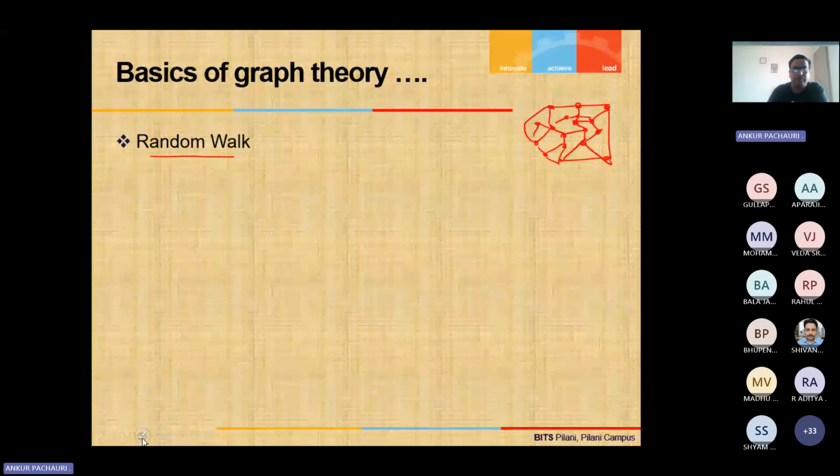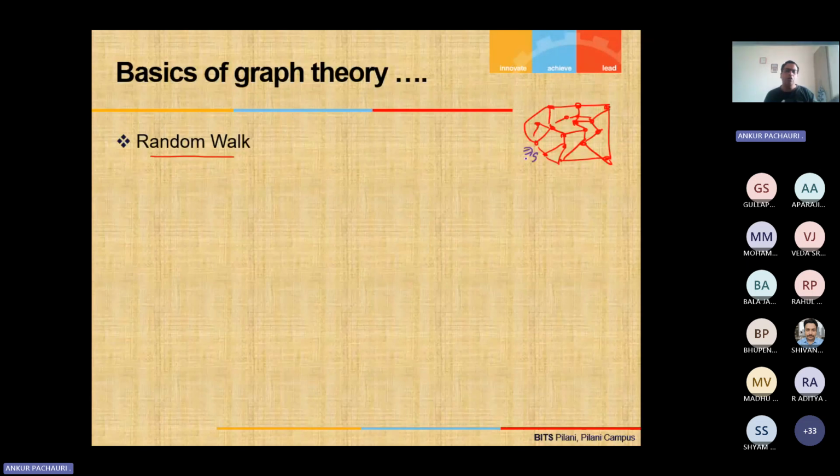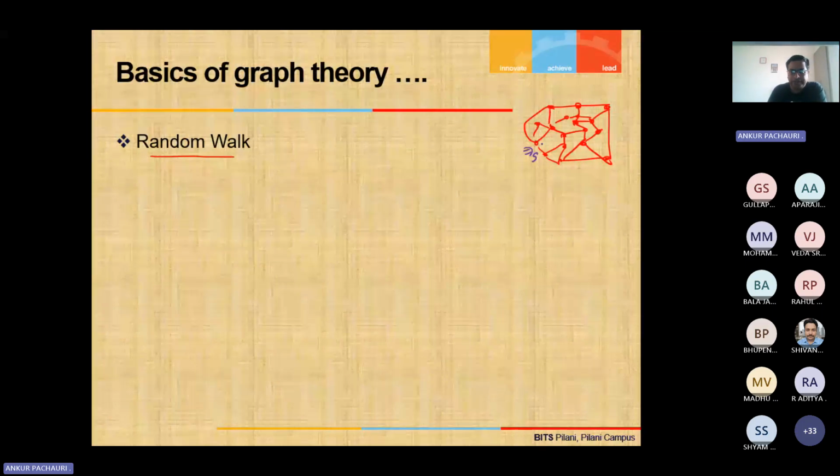If I'm working on a random walk, then I should identify a starting point. Some S has to be identified; either this S should be given by the user, or it can be chosen randomly. A walk is said to be random if a user starts from any node of a graph and moves across the edges randomly. Which edge to be used is decided randomly.